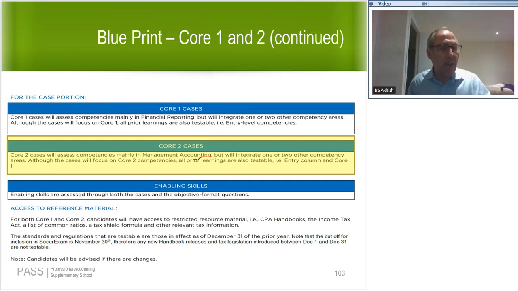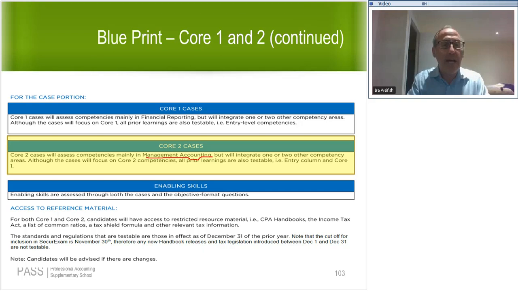So very, very likely, strategy and governance will also be tested on the Core 2 case. And then they might test a third area. If they test a third area, the most likely area would be finance. But again, the majority of the exam is management accounting. So as you can see, big focus of Core 2 is management accounting. That's why it comprises the biggest portion of the course.